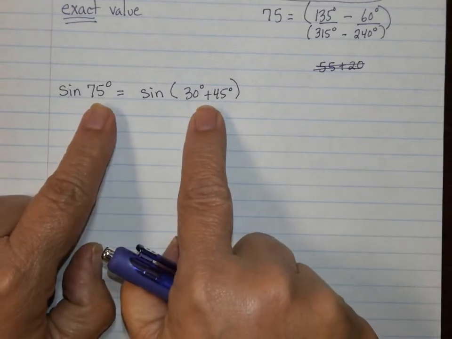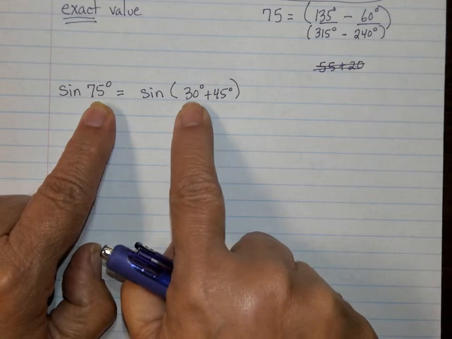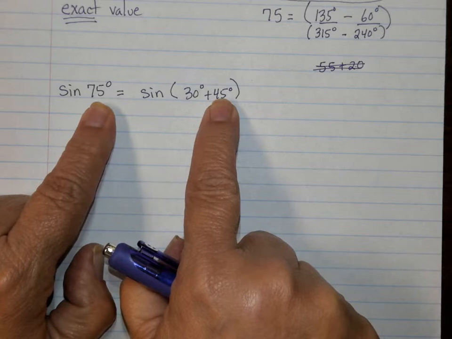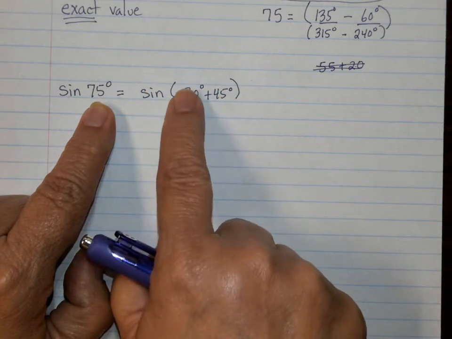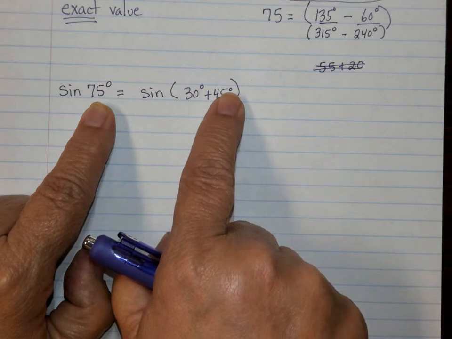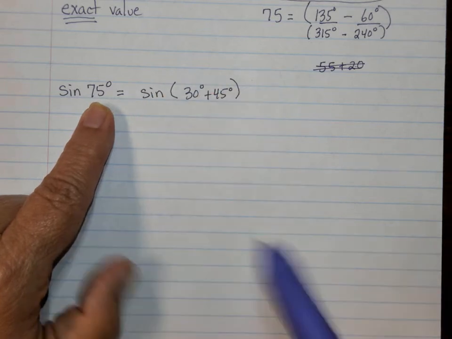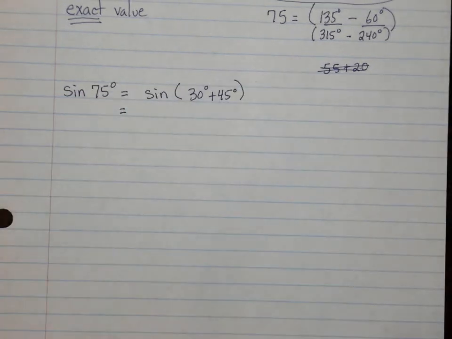I am just really breaking down a number, decomposing a number into two addends. 30 and 45 make 75. Now, we cannot just distribute this and say sine of 30 plus sine of 45. You can't distribute your sine function. But what you can do is use your sum identity.